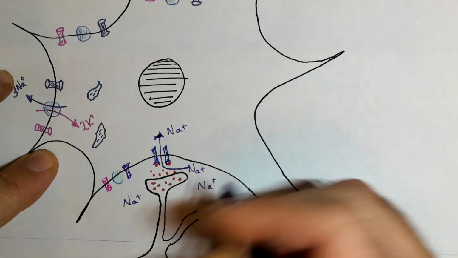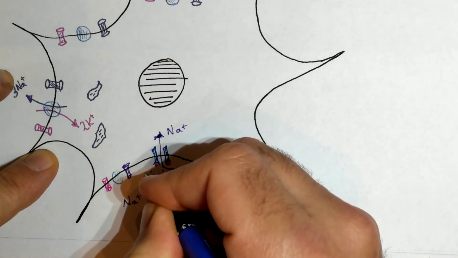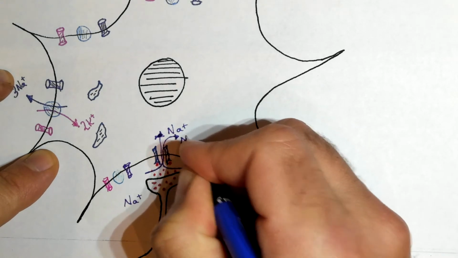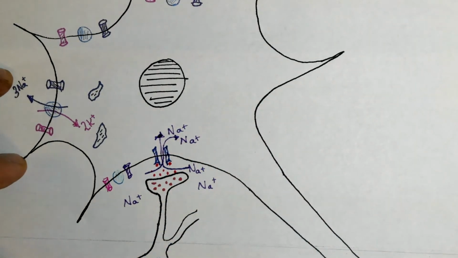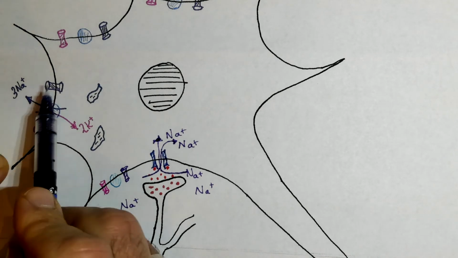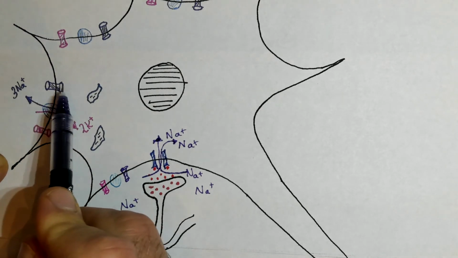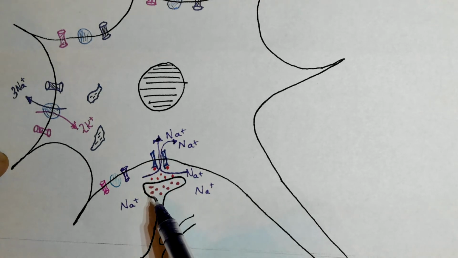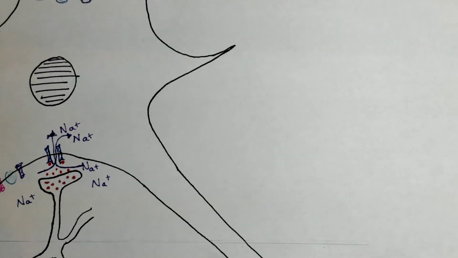And it will rush in big quantities. A lot of sodium will rush in. Once you open up that gate, sodium starts to rush in. So whereas the leaky channels saw a little bit of sodium leaking in, here we have a lot of sodium that just rushes in. What is that going to do to our resting membrane potential?